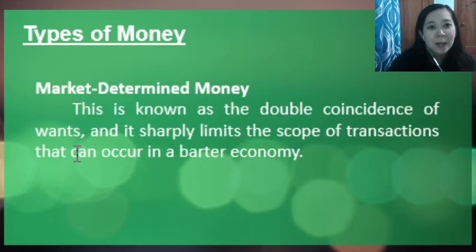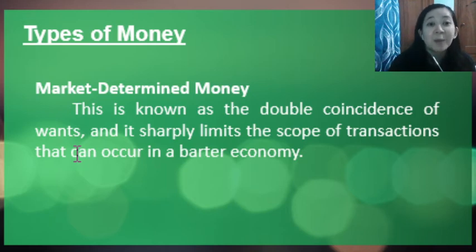So that's why money in this case is based on what is being asked in a particular transaction, for example in trading. That's how they value a particular good or service that they want to exchange.